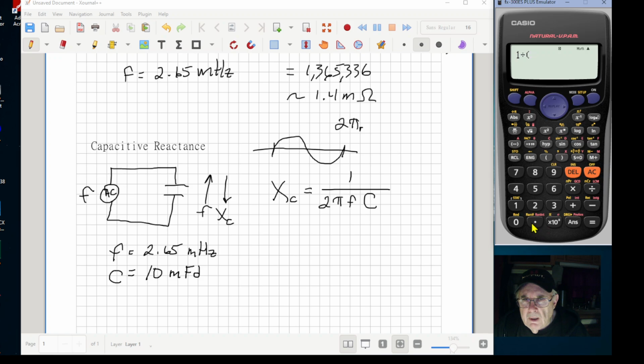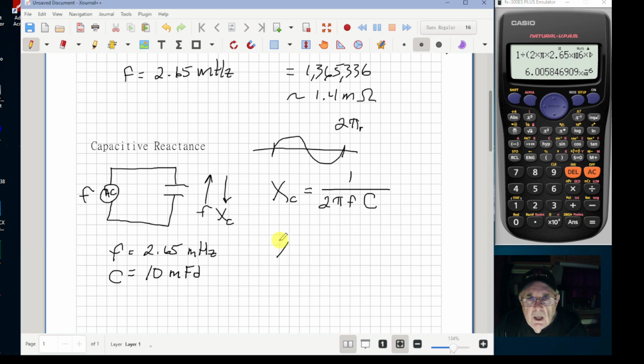So I'll open a parenthesis, and let's do our 2 times pi times our frequency, 2.65 times 10 to the 6th power times, now milli is -3, so that is 10 times 10 to the -3, and close my parenthesis and press enter.